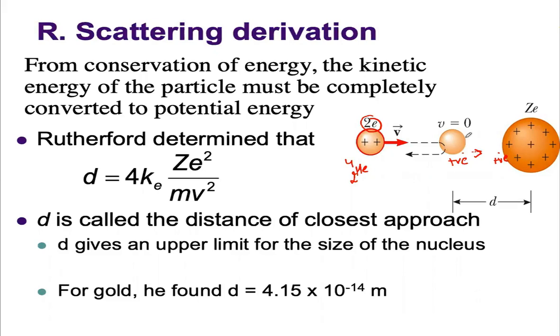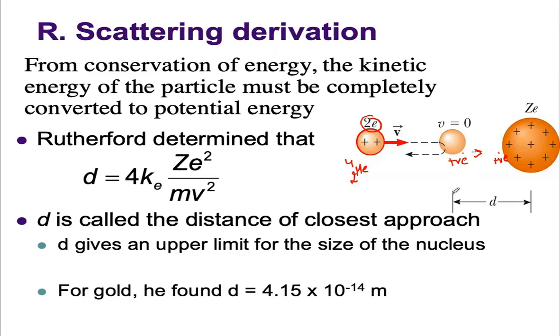So in this interaction, total energy is always conserved, and the kinetic energy of the alpha particle is converted into potential energy as it approaches the nucleus.